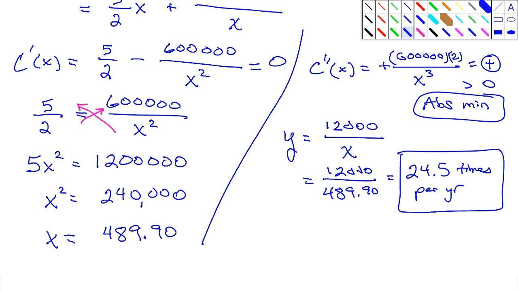And if you work that out, it's approximately every 15 days. So it tells us that the storage is more costly than the ordering. Otherwise, you would order less frequently than that.